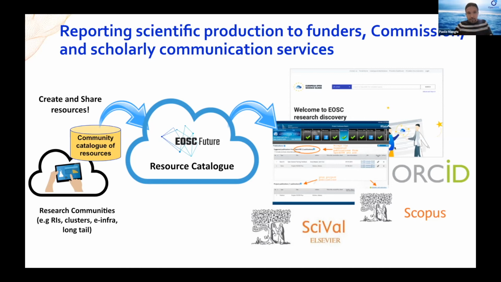So we are acquiring not just the resources and how they're interconnected, but also information about their usage, which adds on top of this infrastructure what is required to come up with indicators that are more fine-grained with respect to impact and to the consequence of our actions in science.